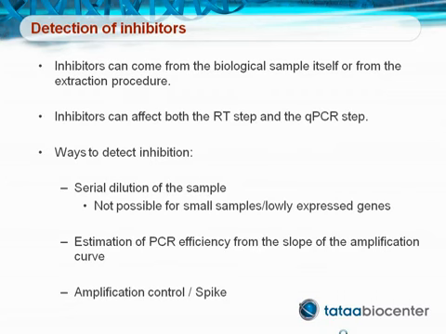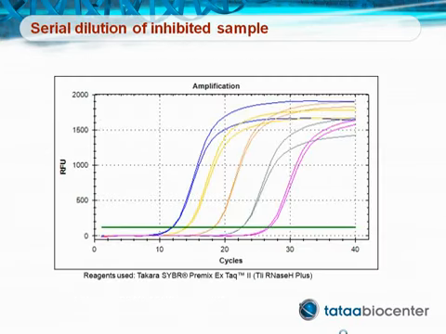Here are some ways to detect inhibition: by doing serial dilution of a biological sample, estimation of the PCR efficiency from the slope of the amplification curve, or with an amplification control or spike. If you do a serial dilution of a biological sample, you will see if the results from the dilution follow a linear behavior.